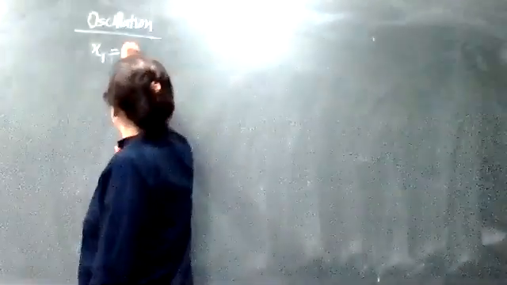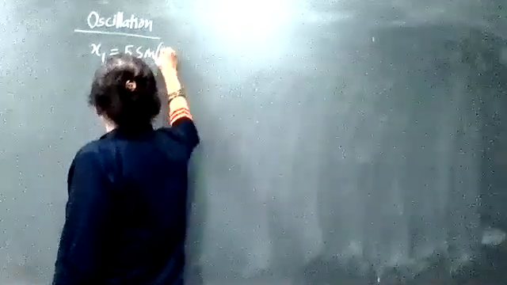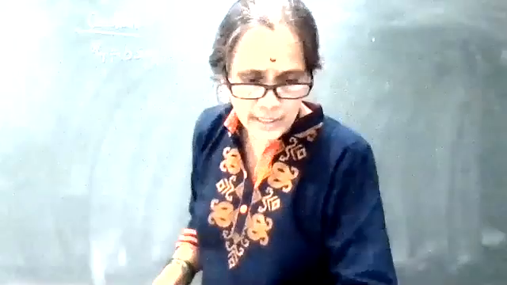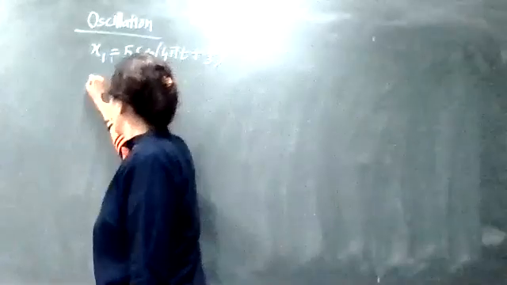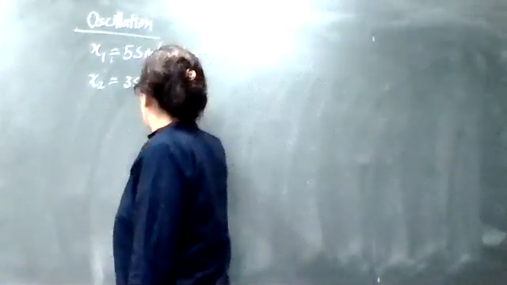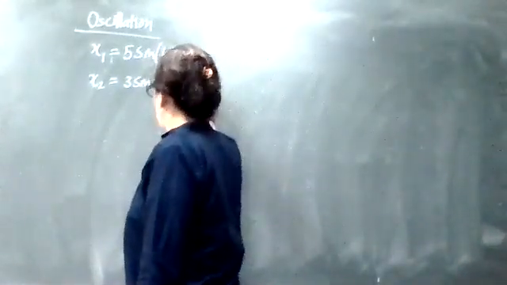The first equation is x1 is equal to 5 sine 4 pi t plus pi by 3, and the second, x2, is equal to 3 sine 4 pi t plus pi by 4.